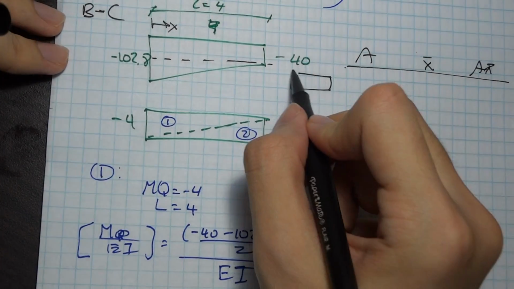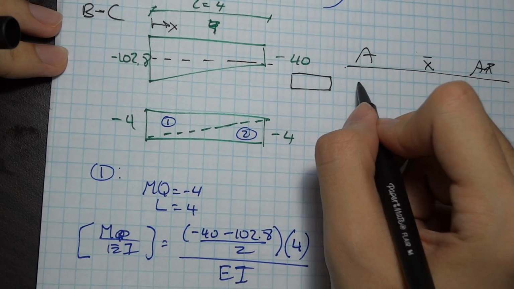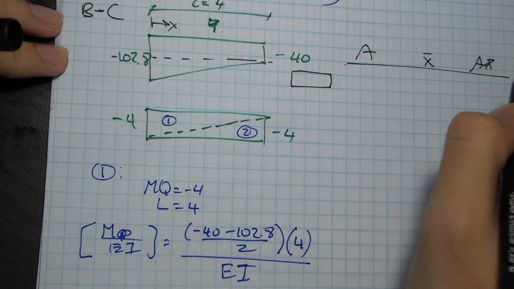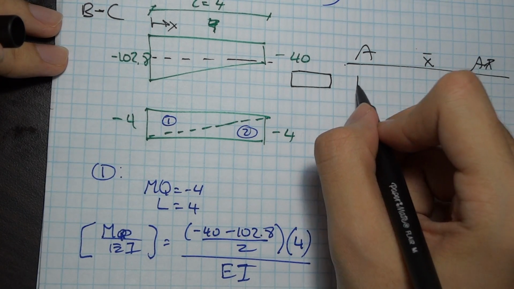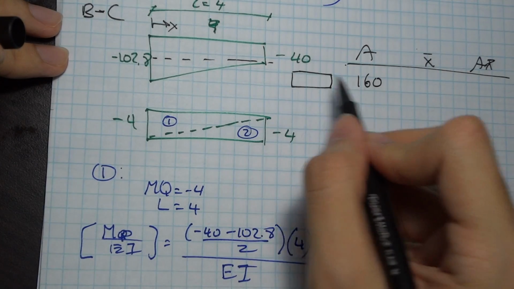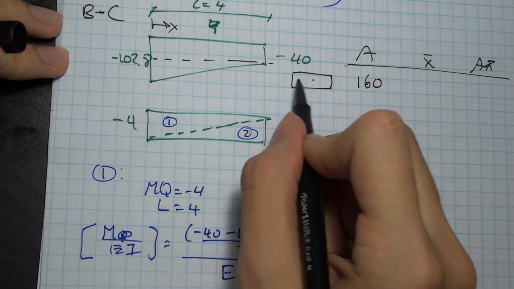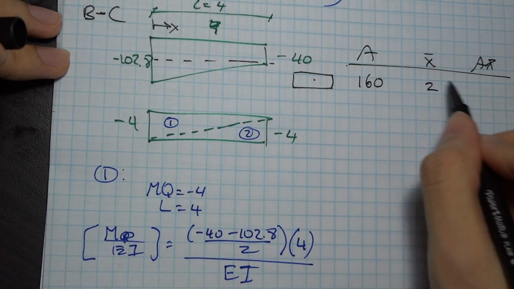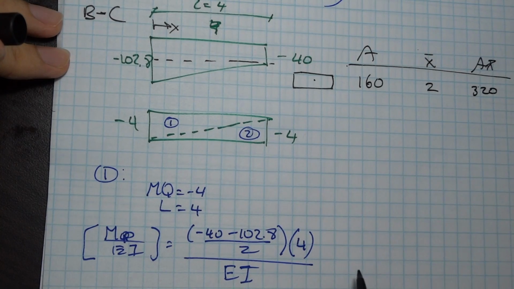So what is the area of this rectangle? I'm just going to use positive values here. It is going to be 4 times 40, which is 160. What is the centroid of this rectangle? The centroid is just L over 2, so it's 2. And then the product of these two things is 320.